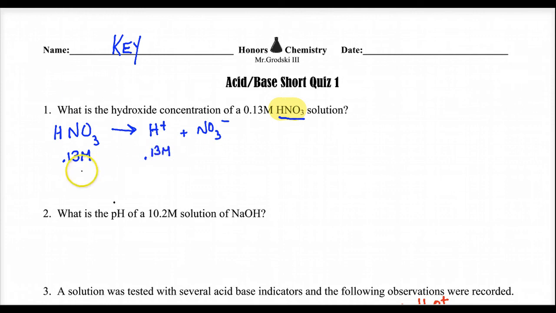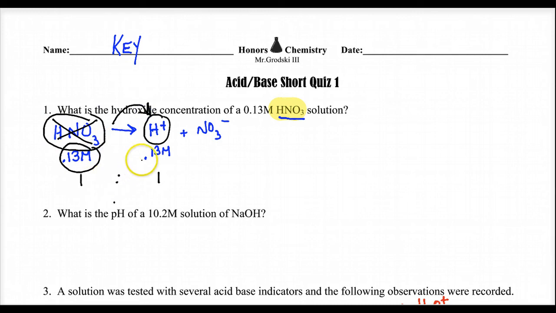Why? Because we're going to use up all of the HNO3 to produce this. Because it's a 1-to-1 ratio, all of the HNO3 will become H+. And it only works if there's complete dissociation.